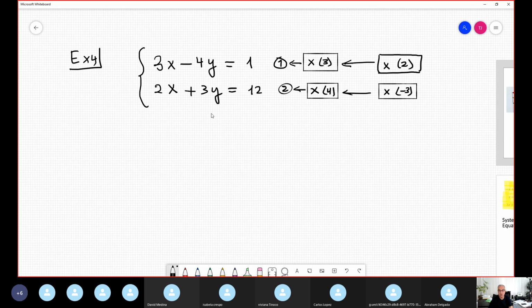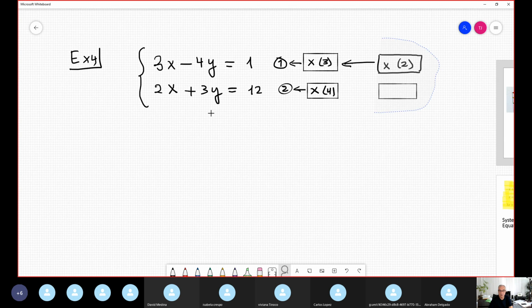Why? Because 2 times 3 is 6 positive and -3 times positive 2 is -6, ready for elimination of the x part. But no, I want to use the first one, that I consider better.